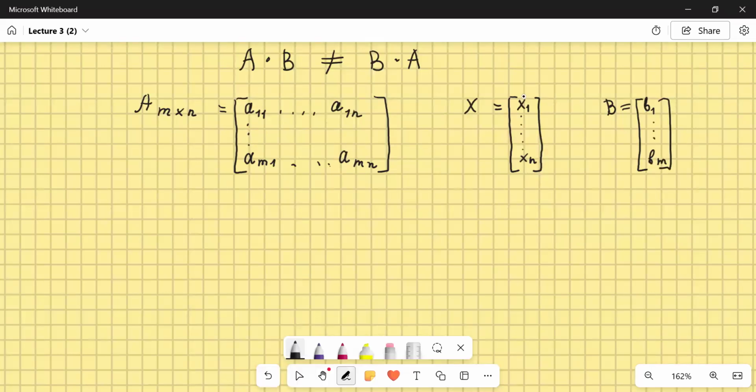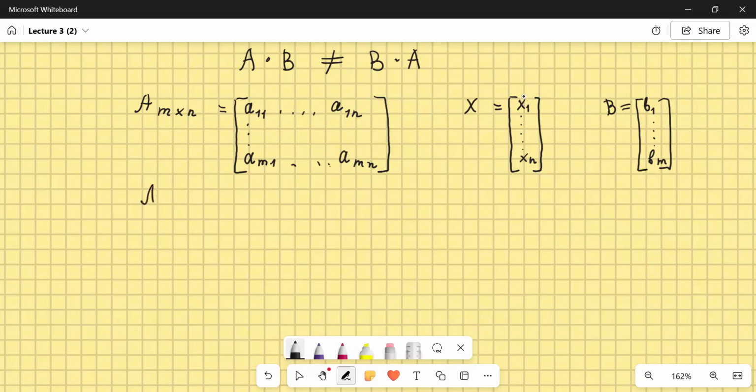So two column matrices X and B are not the same. The first one has n elements, the second one has m elements. For m equals n, of course, they're going to have the same amount of elements, but here we can generally have a different amount of elements.